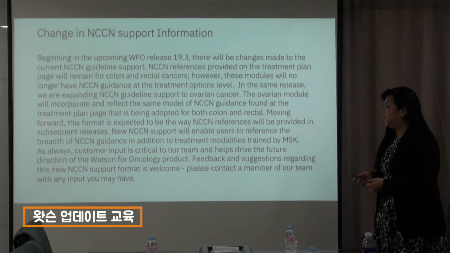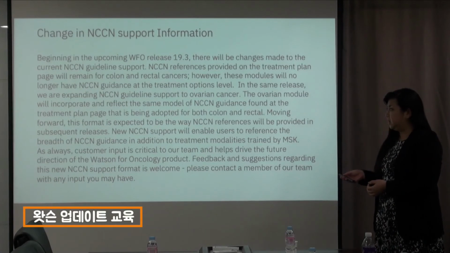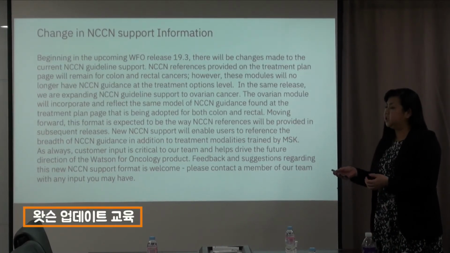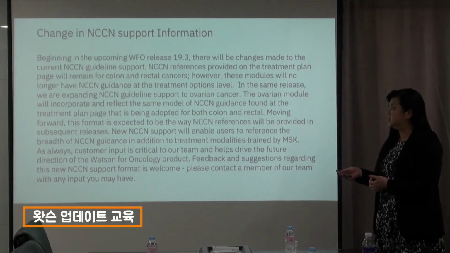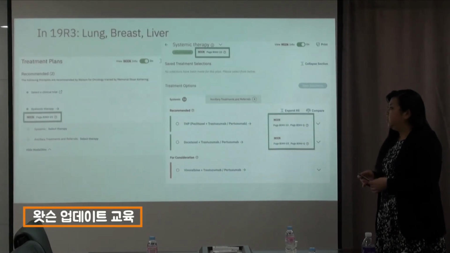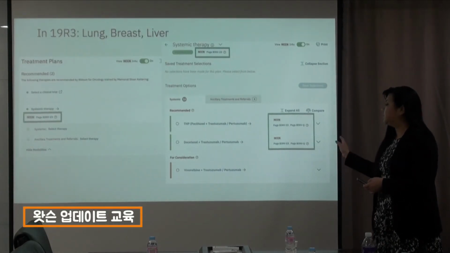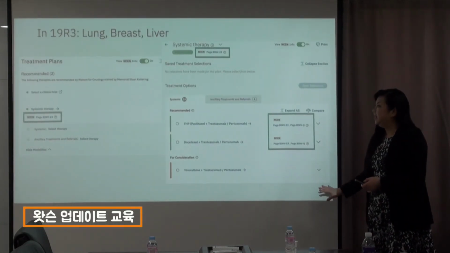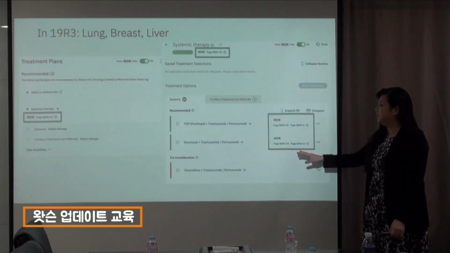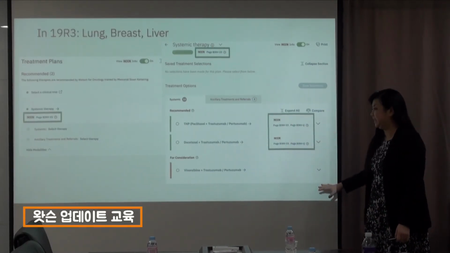And then for the NCCN support, we changed it a little bit with 19.3. Previously, for Korea, there's also HIRA, so the page will look a little bit busy. You will have NCCN, you will have HIRA too.